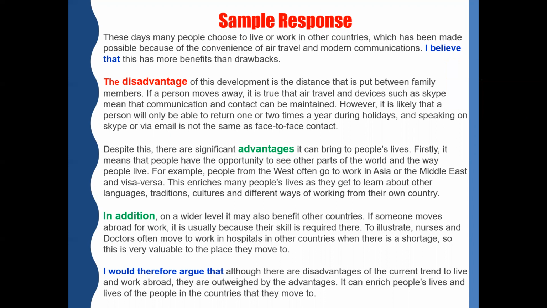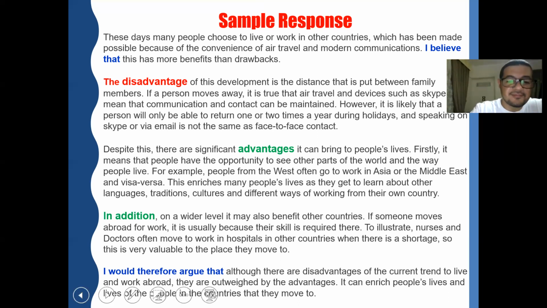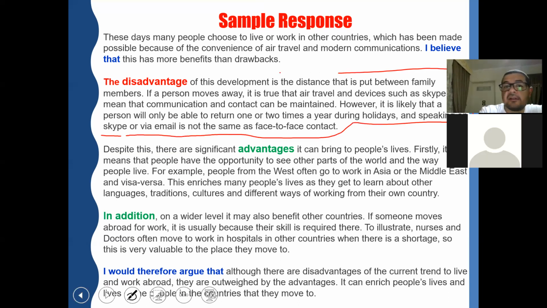What is a paragraph? What do you understand a paragraph is?